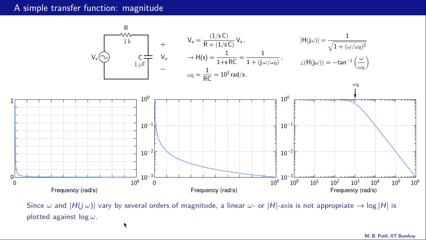Now what we have done here essentially is the same as plotting log mod h versus log omega. We have used axes here which are logarithmic, but instead of that we could actually calculate log of mod h and log omega for each data point and then plot those on a linear scale. That amounts to the same thing as what we have done here.